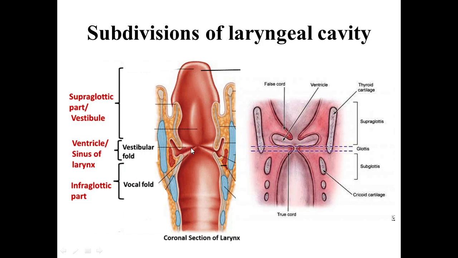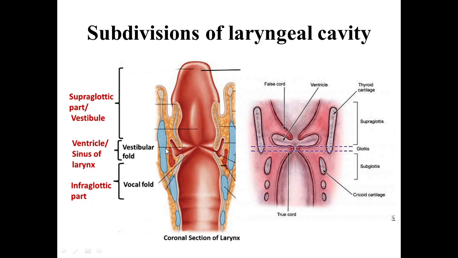So this ventricle or sinus of larynx is a deep mucous recess and it extends laterally towards the lamina of thyroid cartilage.